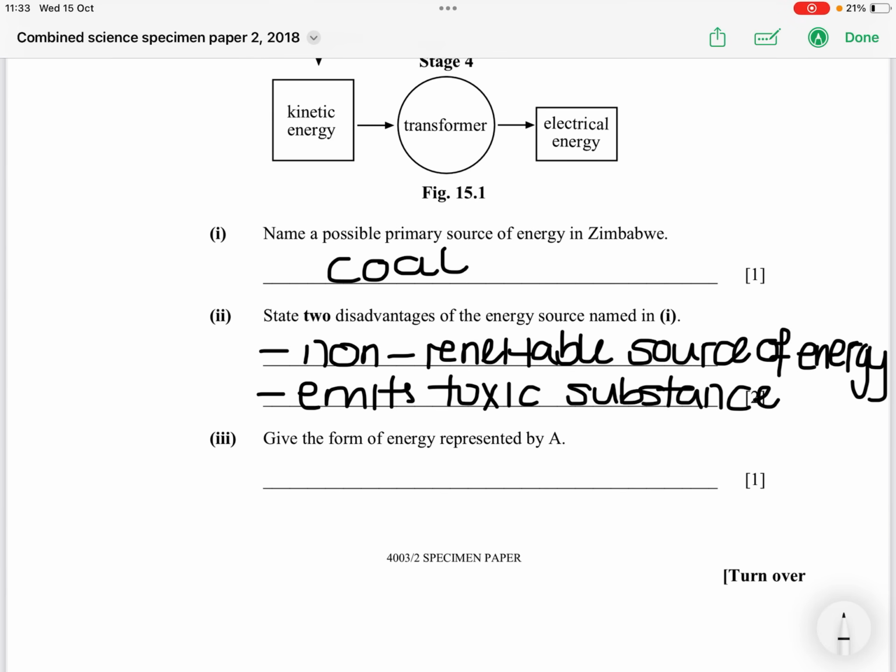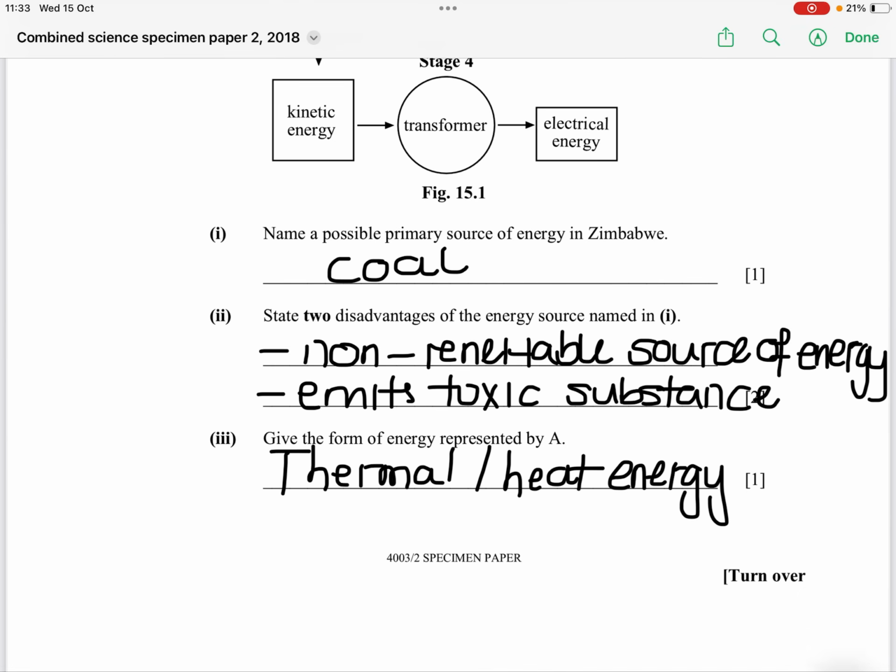And then give the form of energy represented by A. So A, we are having the primary source of energy converted in the furnace, and then we have the thermal. Either you write thermal or you write heat energy. Both answers are accepted.